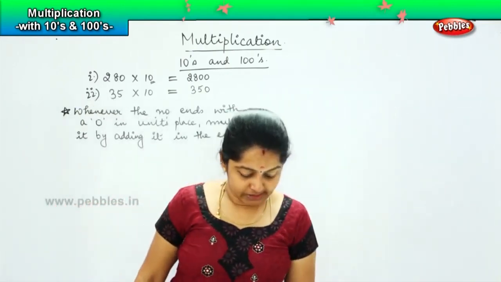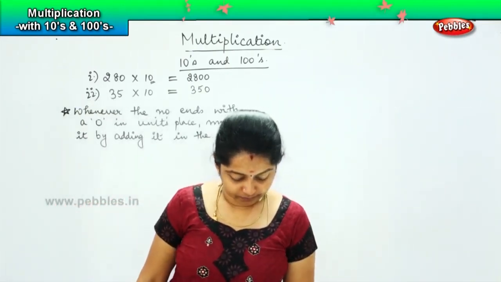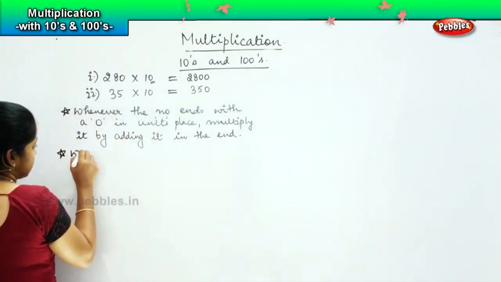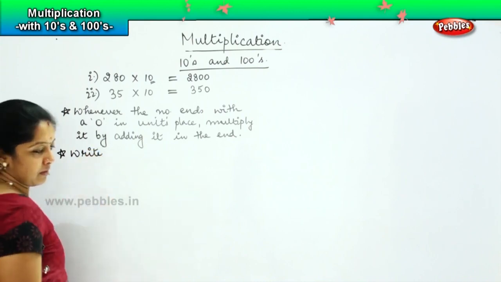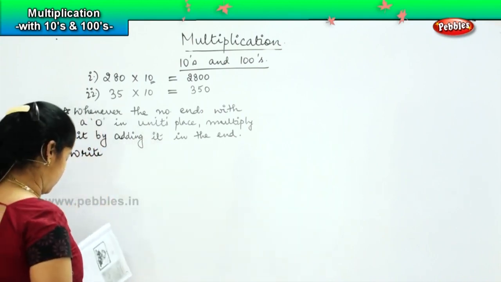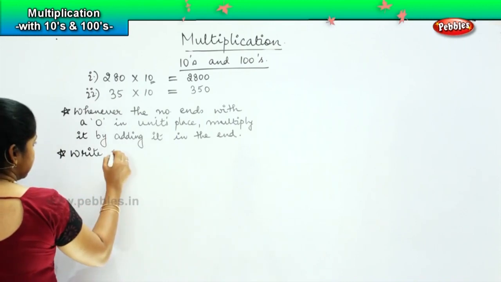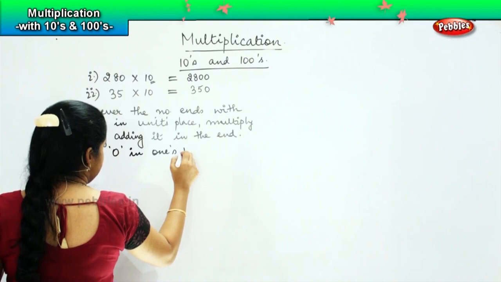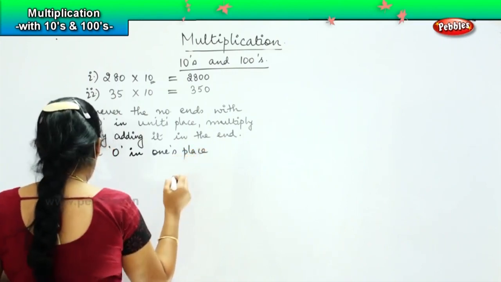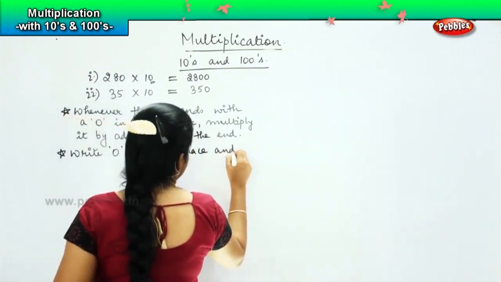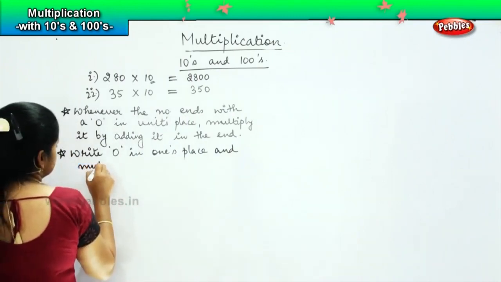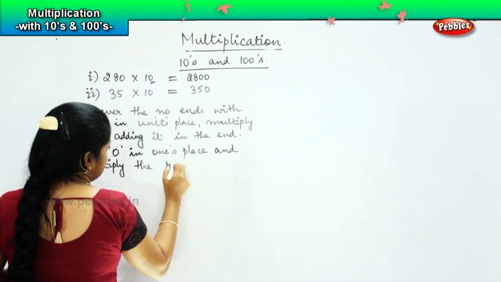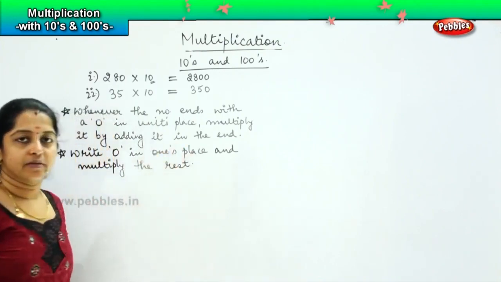Which means that you need to write zero in ones place and multiply the rest.